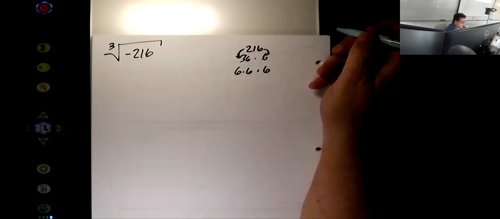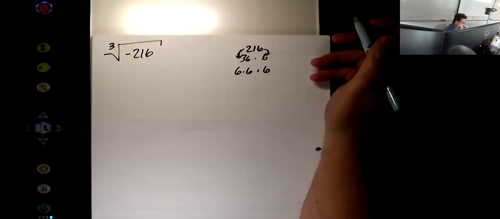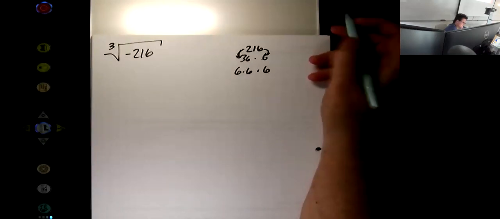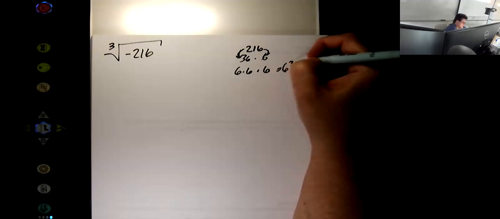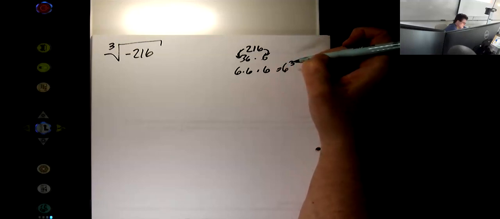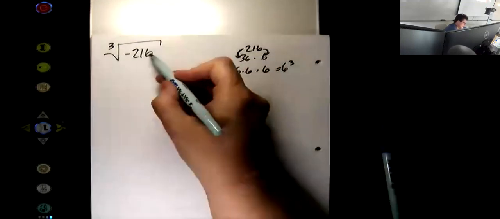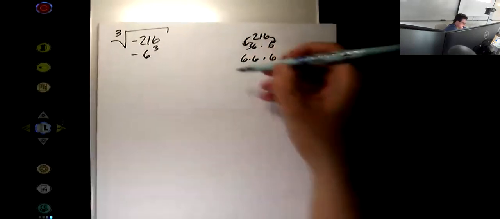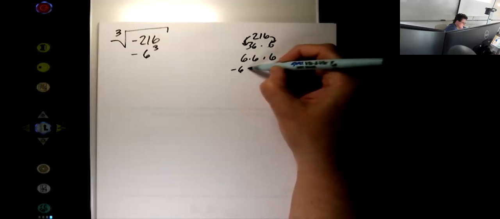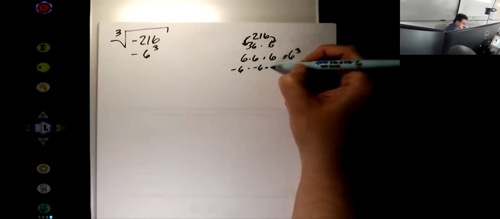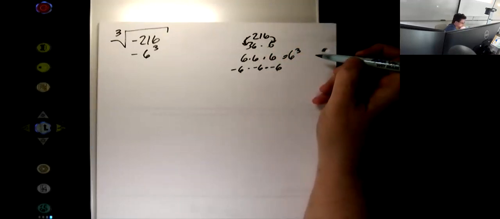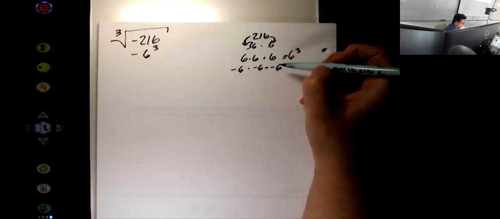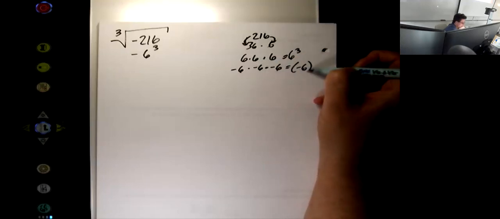So I've got a good old 6 times 6 times 6, or 666, which is 6 cubed. So I could write this as negative 6 cubed. But this is also the same thing as negative 6 times negative 6 times negative 6. So that would be negative 6 cubed like that.